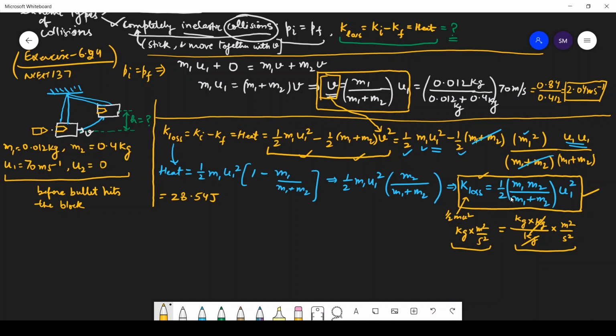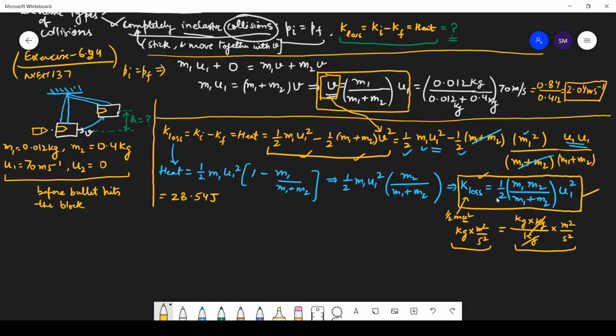So how do you remember this formula with the help of this? Here you can clearly see that if you have kinetic energy, definitely you need, because it's mv square, you need square of u1. Okay, so square of u1. So that's just common sense.